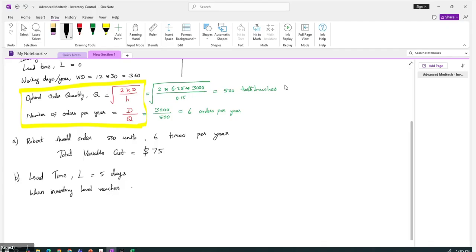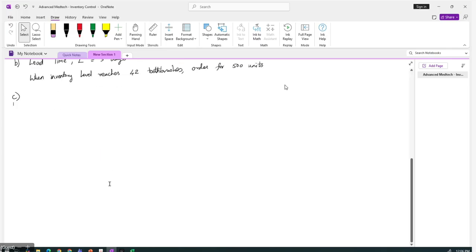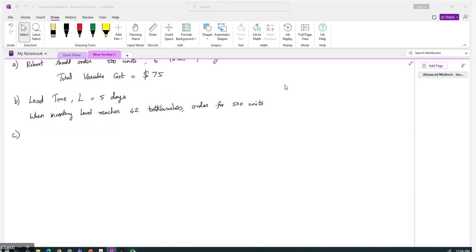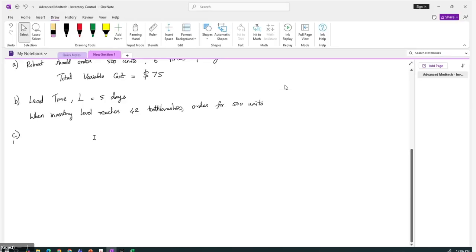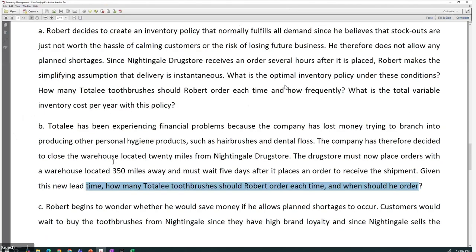So when the inventory level reaches 42 toothbrushes, order for 500 units. Okay, I believe this is clear. So because of the lead time, now only my reorder point changes. And since we had that template, it is just a matter of changing this and figuring out what will be the impact, right? Now let's look at the next part.